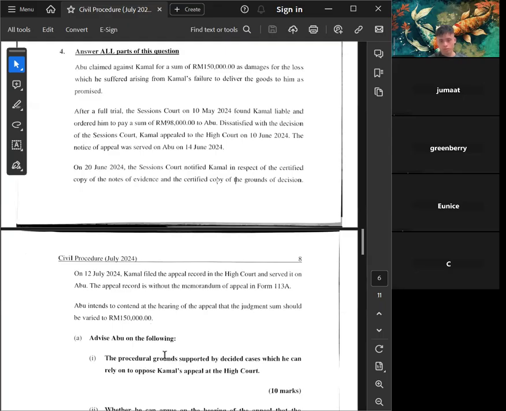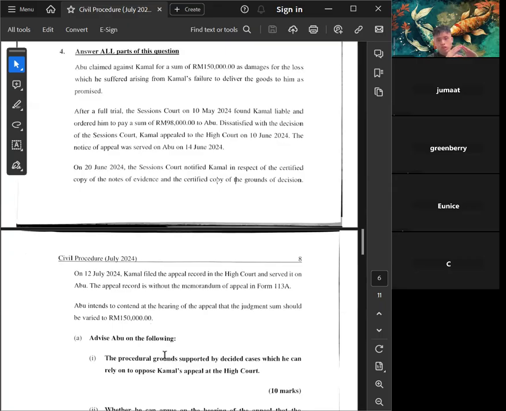You already identified the issues, so your introduction is to tell the examiner how you will advise Abu. There are the procedural grounds, the general statement. For the second part, you have to use a subheading. First objection, contents of record of appeal.